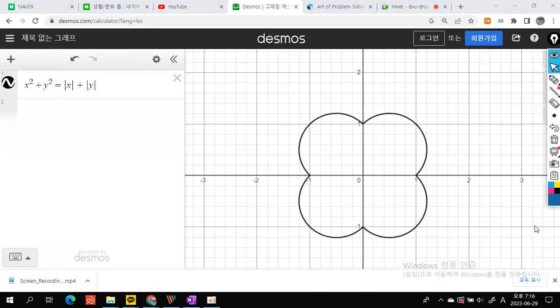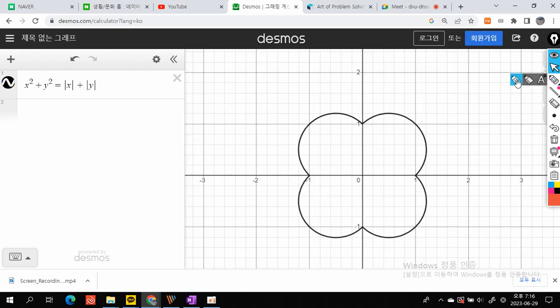So I think we can make this square inside the graph. So what's the side length of this square? Yes, square root 2. So the square's area is 2.